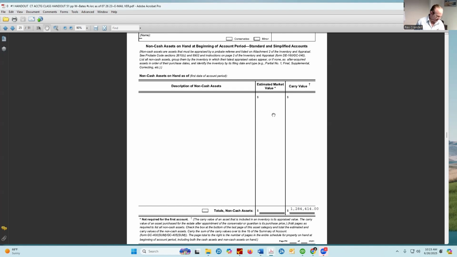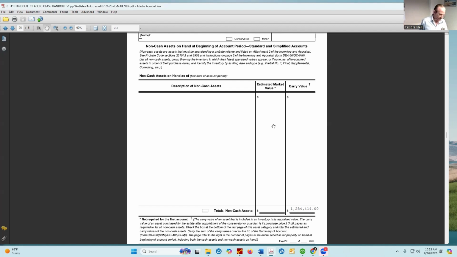And you want to list that there because sometimes there's a question that the fiduciary is not prudently managing the assets and putting things in too much risk, but by disclosing the balances, that reduces the risk because the beneficiaries have opportunity to object.